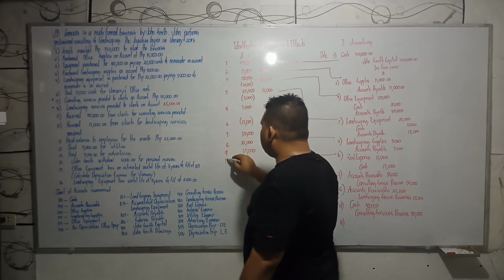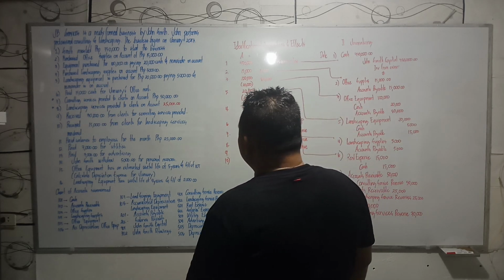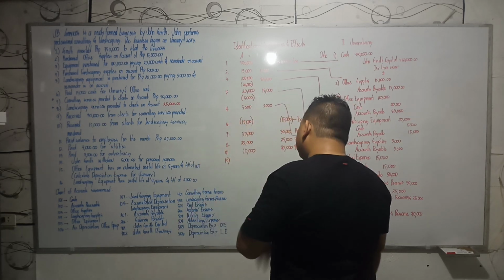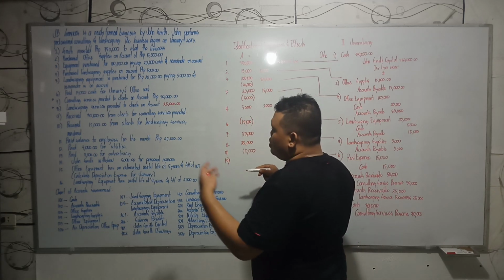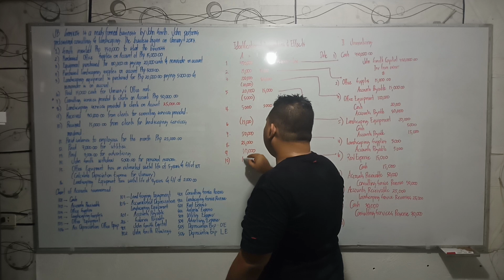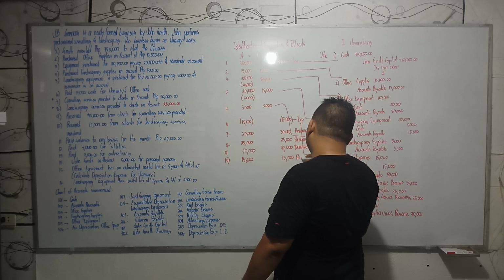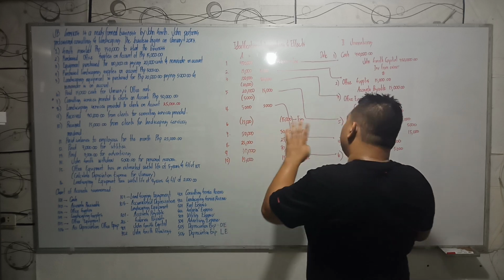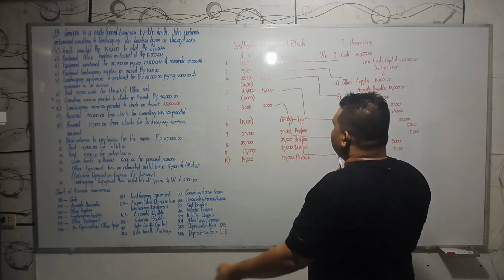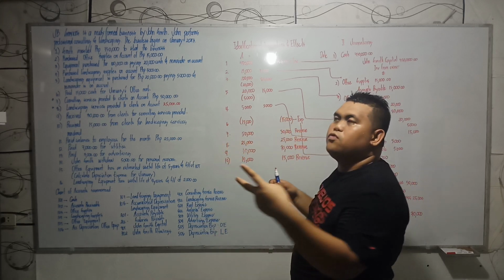Now let's go to number 10. Before we make an entry, let's analyze number 10. Number 10, received 15,000 from clients for landscaping services. It's basically the same with number 9, but in another type of revenue and another amount. So we have 15,000 and then 15,000 also here for revenues. Because again, what can make the capital increase? The capital account can increase only in two types of transactions.